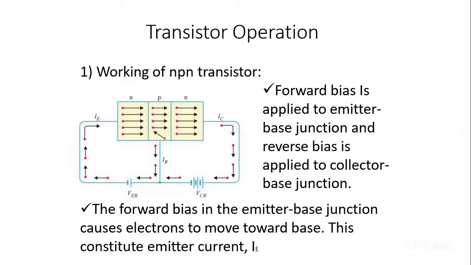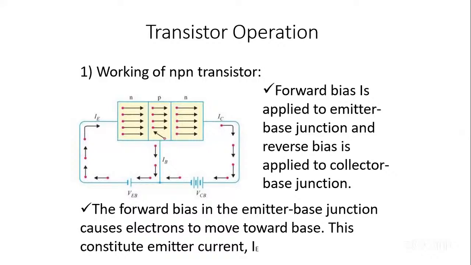Now, if you look at this circuit, this is a transistor, two PN junction diodes joined together to form an NPN. At the left side, you have a forward bias.